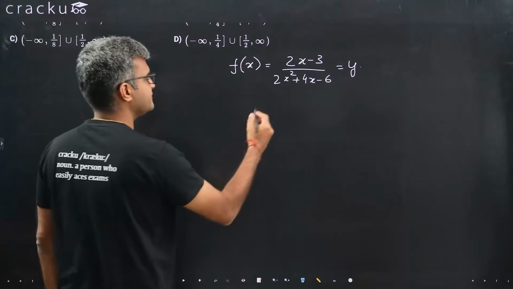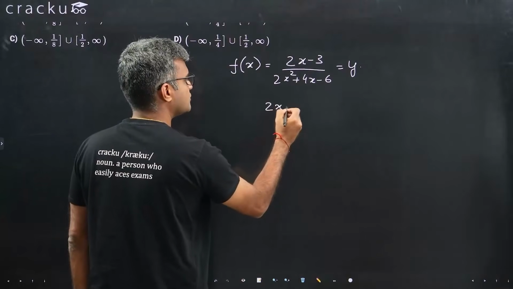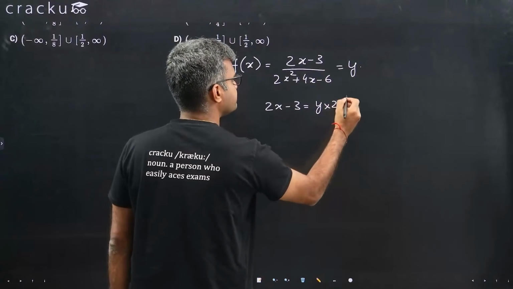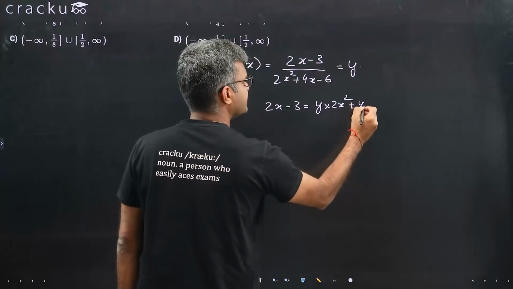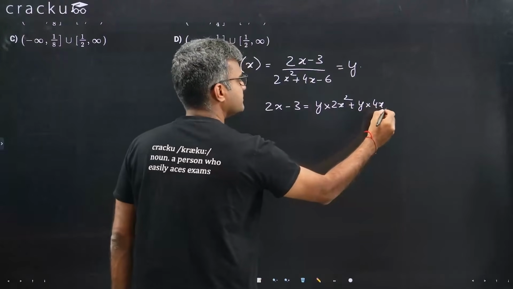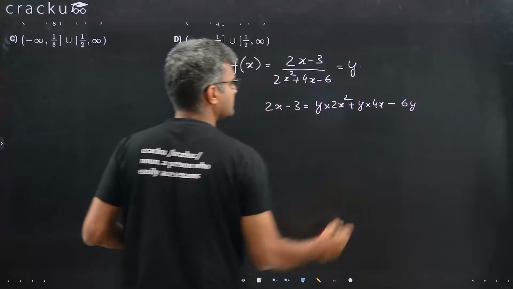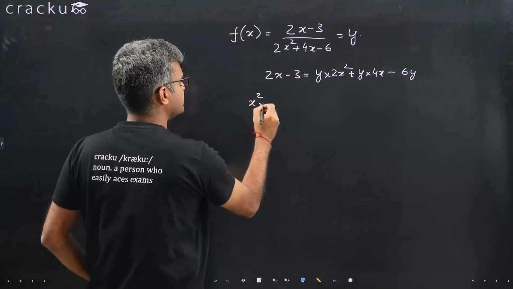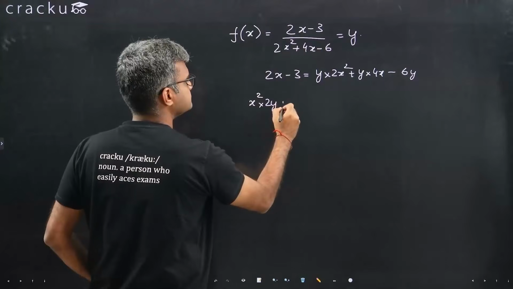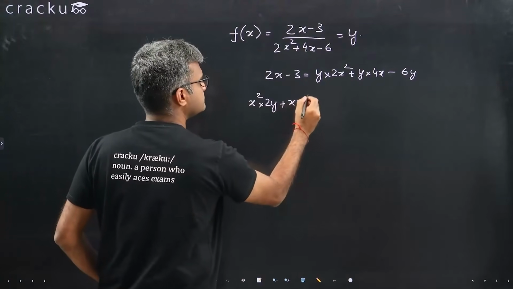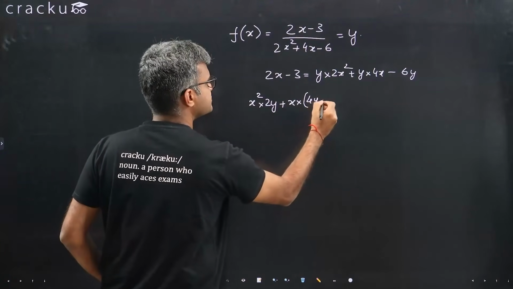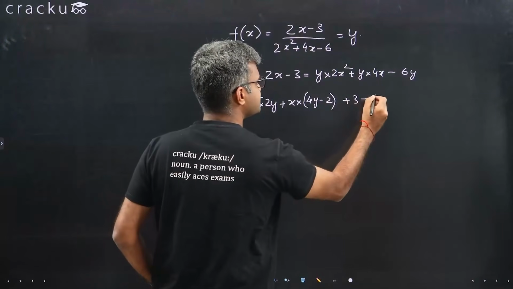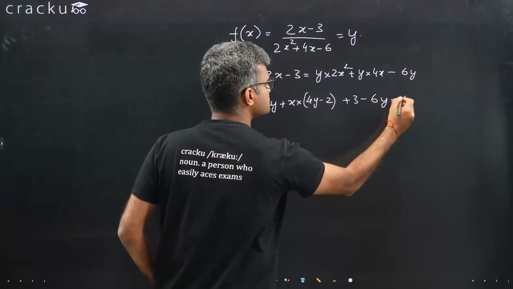So for example, here if you are cross multiplying, you are going to get 2x minus 3 is y into 2x square plus y into 4x minus 6y. If you are writing this as a quadratic equation, this is x square into 2y plus x into 4y minus 2 plus 3 minus 6y is equal to 0.